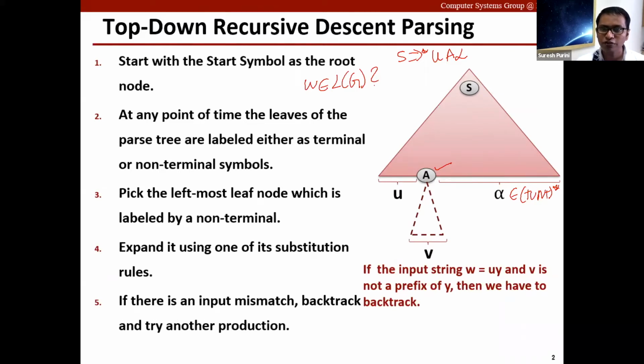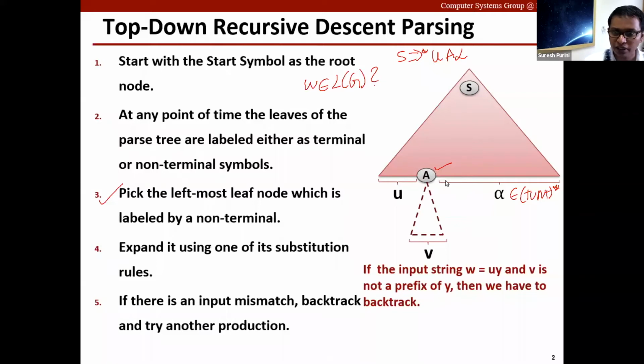In the process of derivation, in top-down parsing, we pick the leftmost non-terminal symbol and expand it. So we are at step 3 now. Pick the leftmost leaf node, which is labeled by a non-terminal symbol. And we would like to expand that non-terminal symbol A by applying one of the substitution rules.